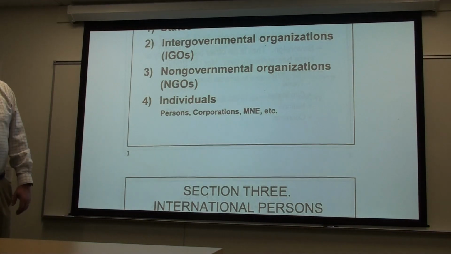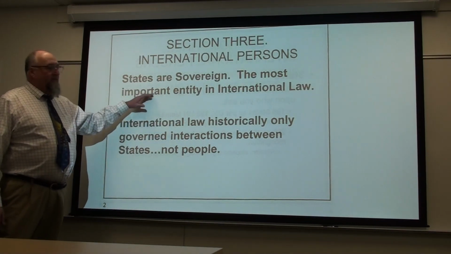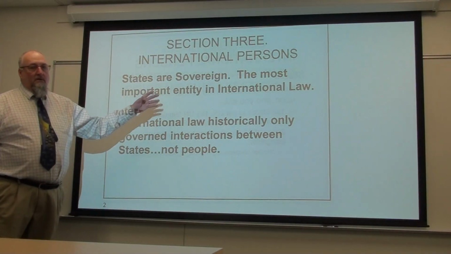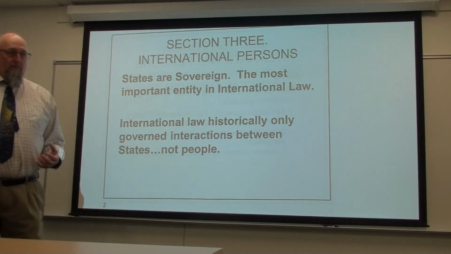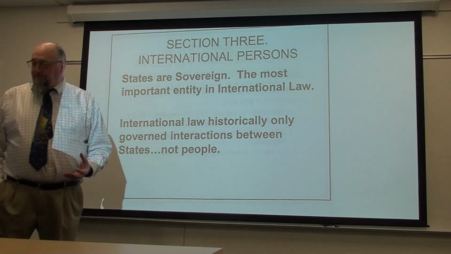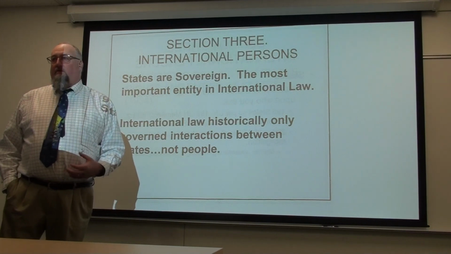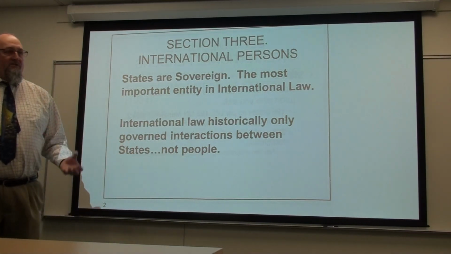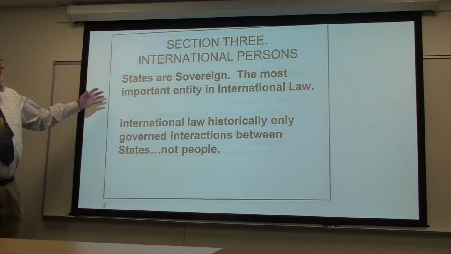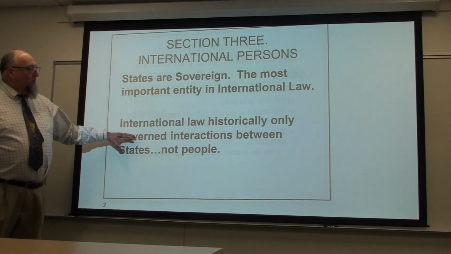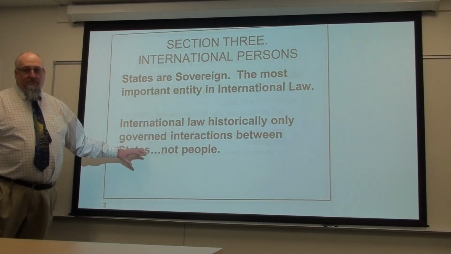So of these, of course, next slide, states are the most important entity when it comes to international law. And historically, international law was, and still is to a great degree, the interaction of sovereign states with each other, either through conduct, custom, treaty making, conventions, etc. Historically, international law only engaged in actions between sovereigns.